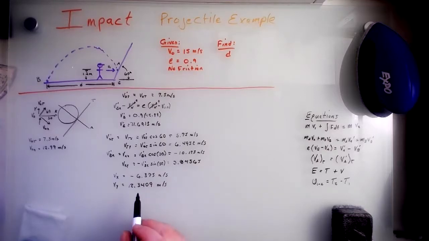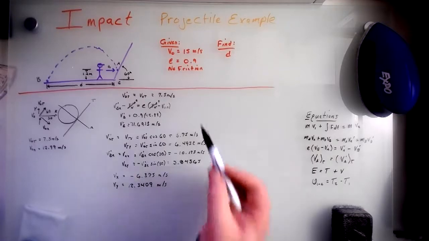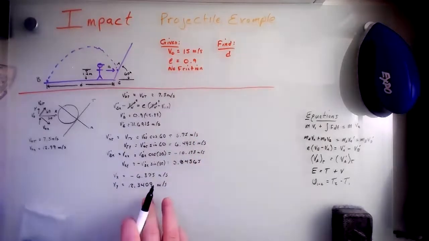And does that make sense? So let's see. What we can do is a check. So we've lost a little bit of energy, but we can check this velocity and see if this value makes sense, right? So we just say 6.375, we'll do the Pythagorean, plus this squared.